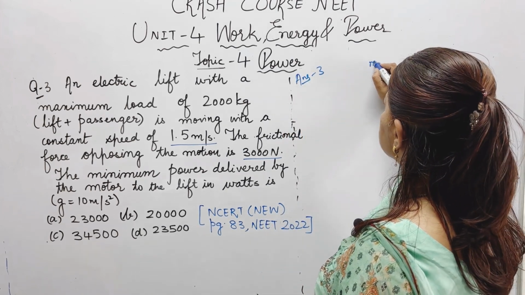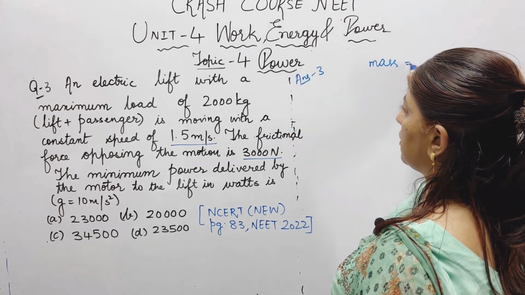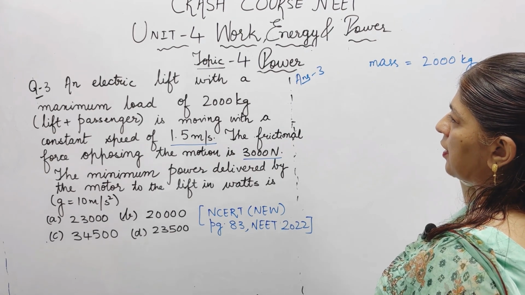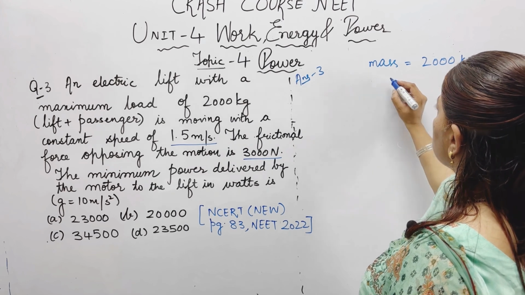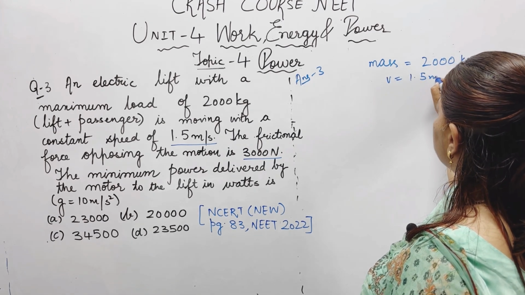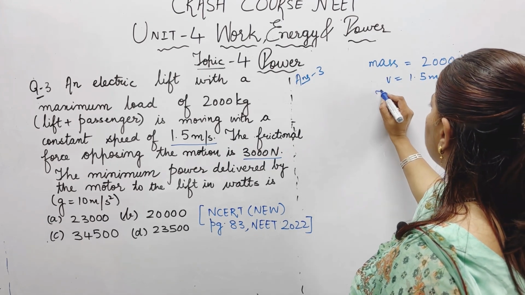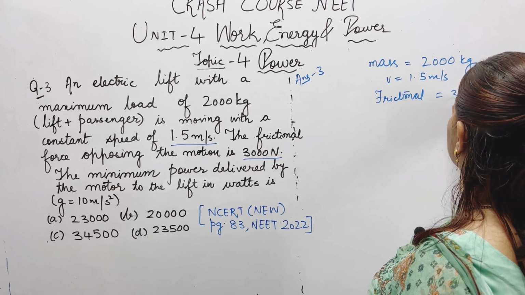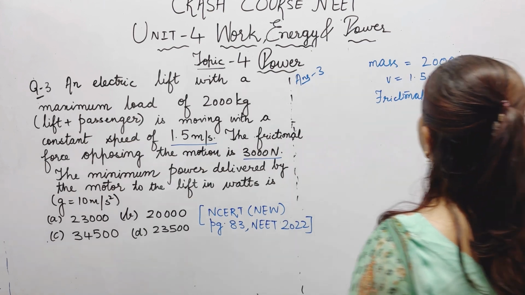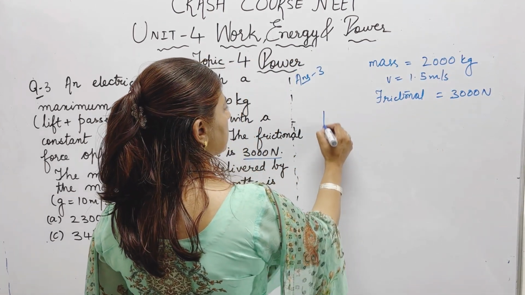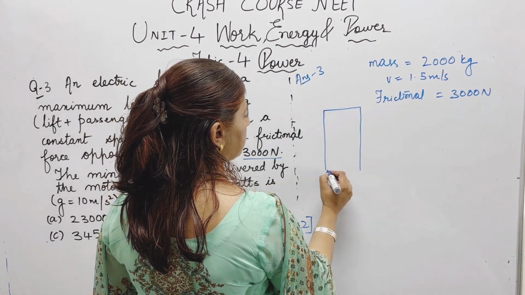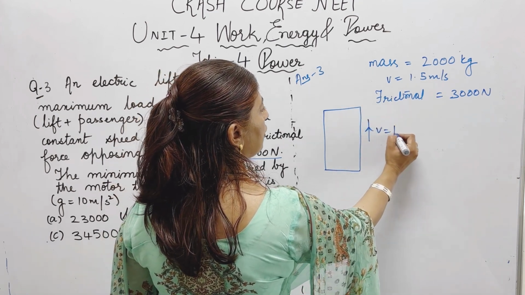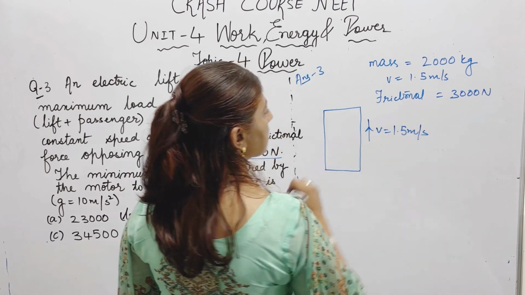The mass is 2000 kg. It is moving with a constant speed of 1.5 meter per second, and the frictional force opposing this motion is 3000 Newton. So this is a lift with the passenger that is moving up with the velocity 1.5 meter per second.